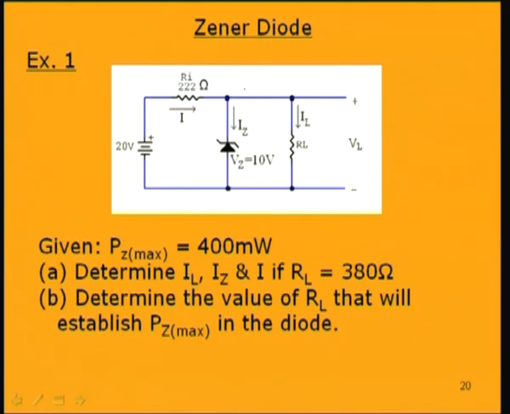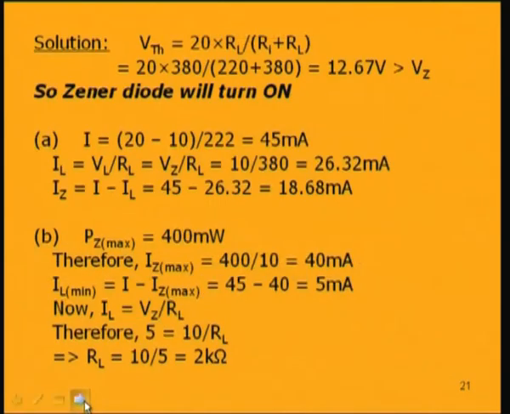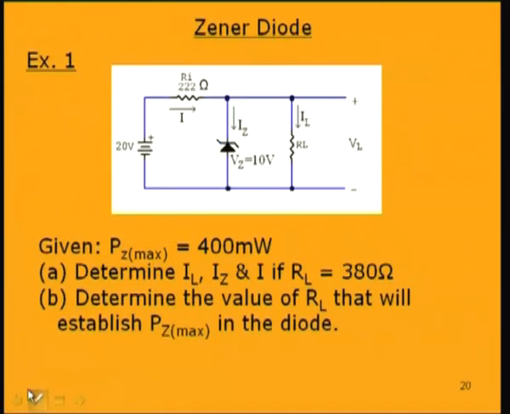For that we will proceed to find the open circuited voltage across this Zener diode, the Thevenin's voltage, which is 20 volt into RL by RL plus Ri. So, our next step is to find this Thevenin's voltage across this Zener diode. We will find this voltage after open circuiting this Zener diode.